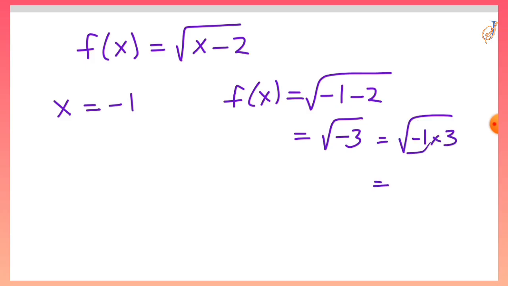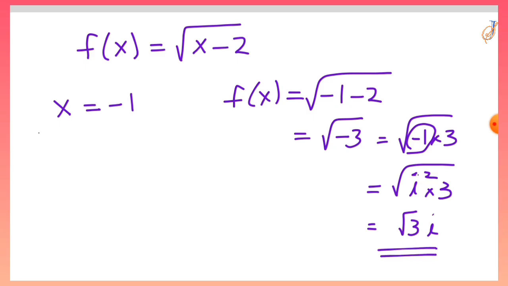This minus 1 we can write as i square, which is nothing but minus 1. So instead of minus 1, I am going to write i power 2. So square root of i power 2 times 3 gives root 3 i, which is imaginary. That means it is undefined.